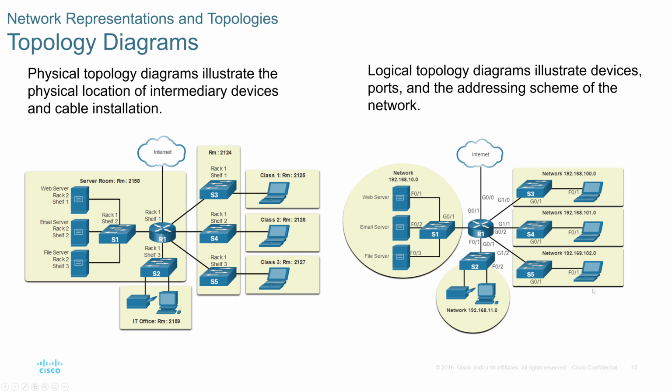Network topology diagrams can be put into two different categories. One is called the physical topology, the other is called the logical topology. The physical topology diagrams illustrate the physical location of the intermediary devices and cable installations, while the logical topology diagrams illustrate devices, ports, and addressing schemes of the network.